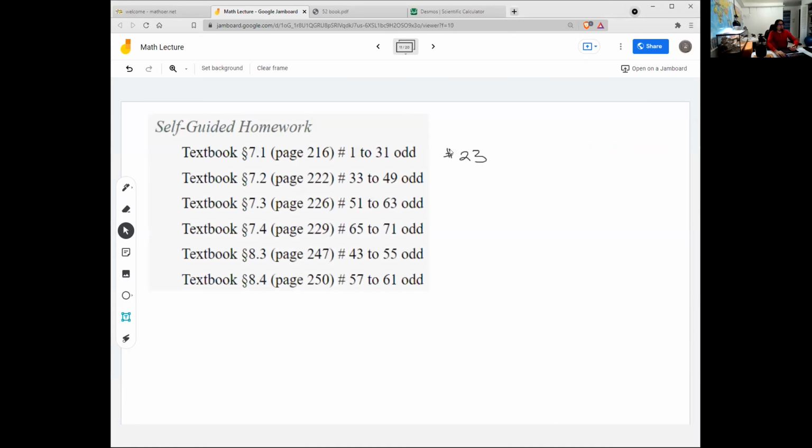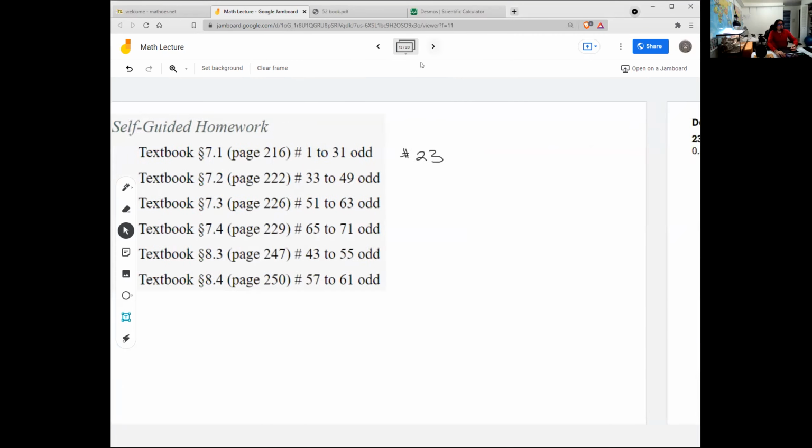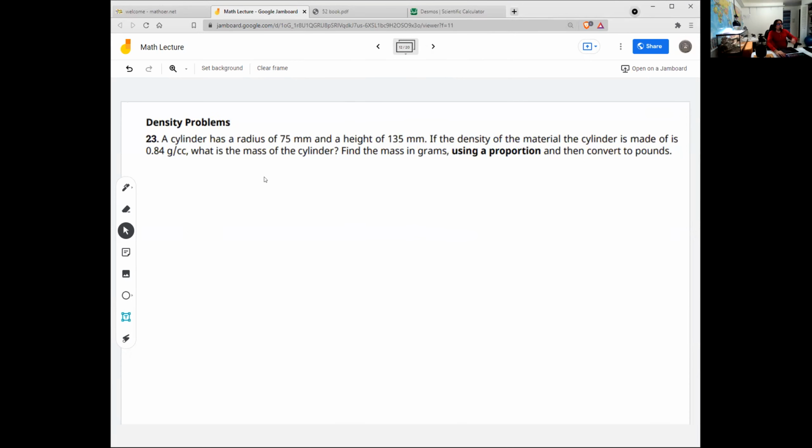Okay, we are doing 23 in 7.1. A cylinder has a radius of 75 millimeters and a height of 135 millimeters. The density is this amount. What is the mass? Okay, so I'll draw a picture. There's my cylinder. I first need to find this area.